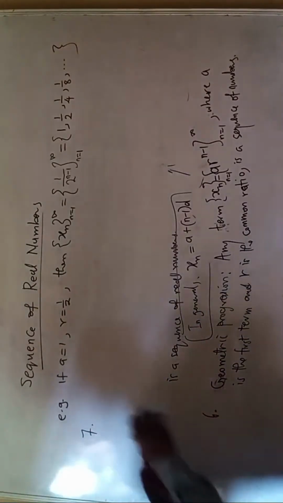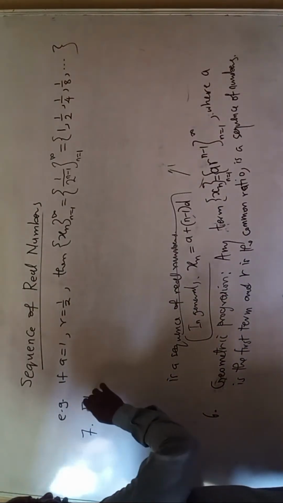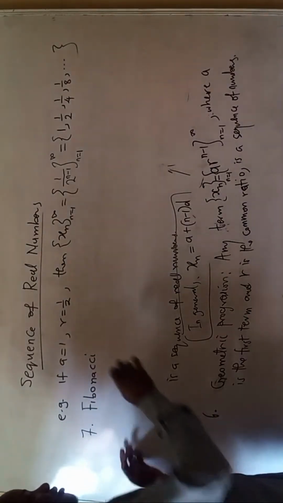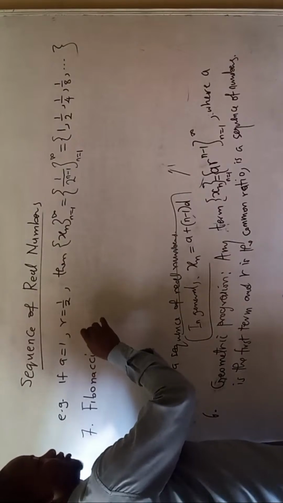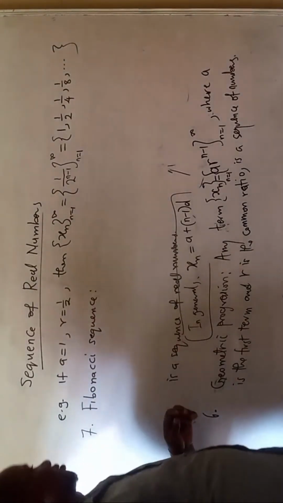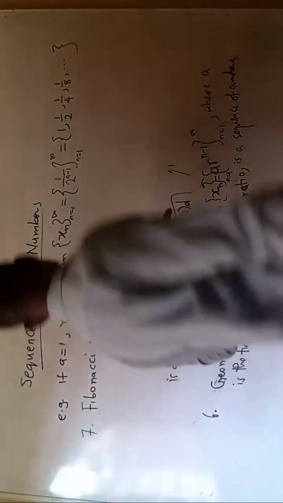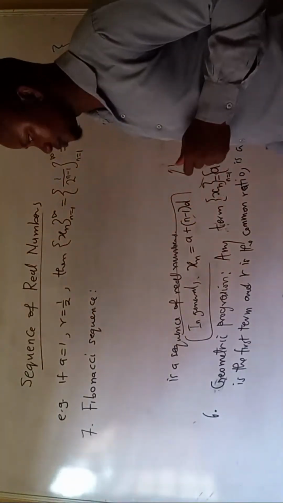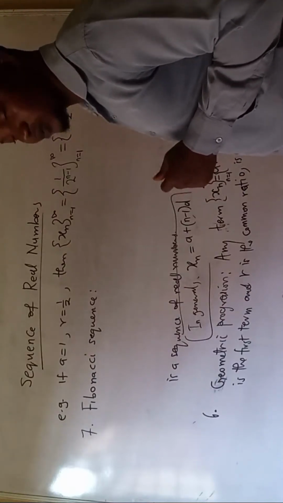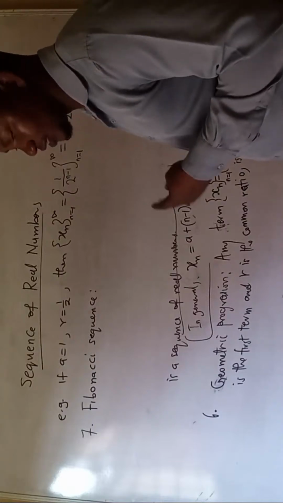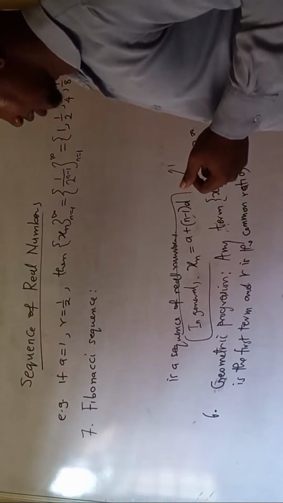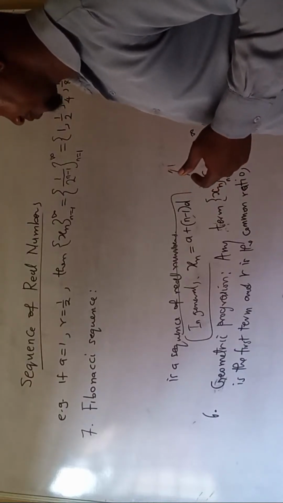But let's see the one we have. The one we are about to talk about is the Fibonacci sequence, and I think we talked about this sometime in one of our classes. So the Fibonacci sequence is a simulation sequence, and I think I've told you something about this before.